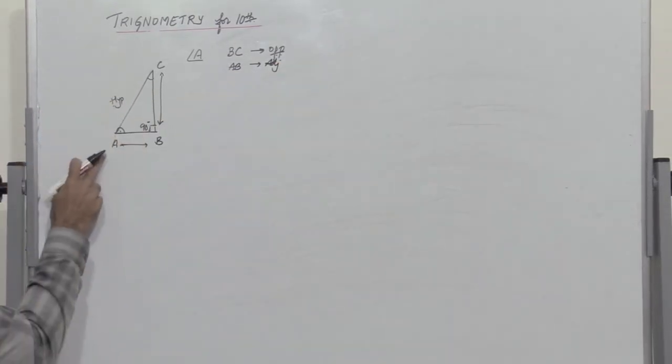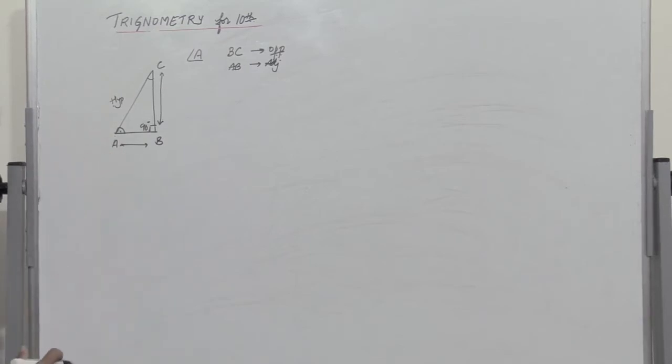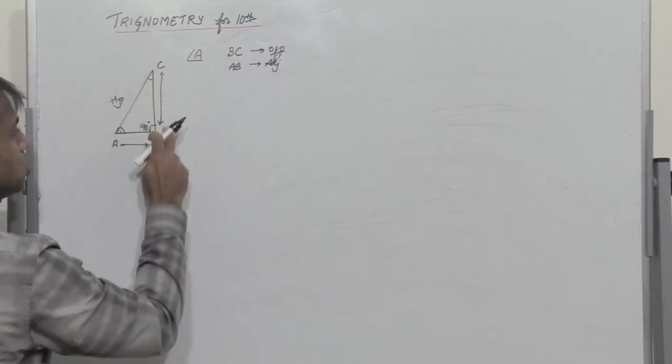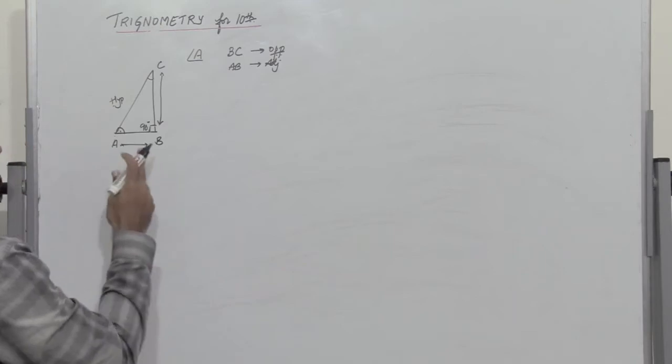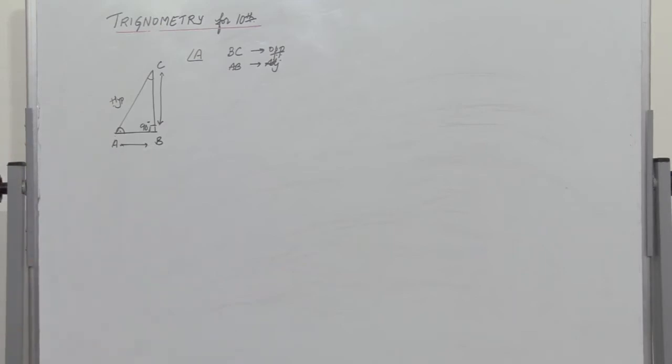Now with angle A in our mind, we find the following identities.